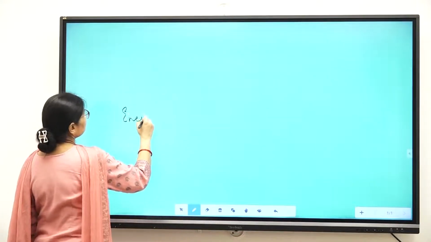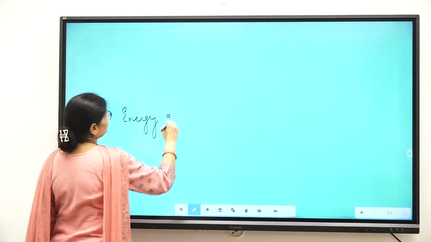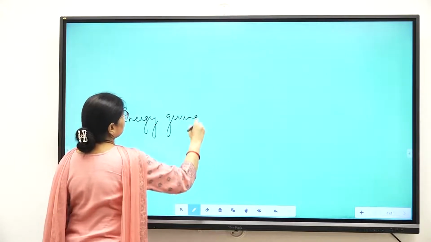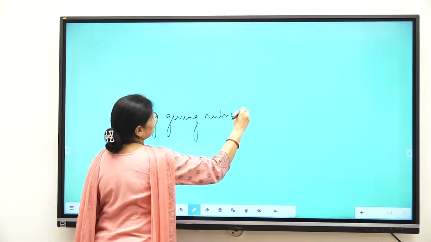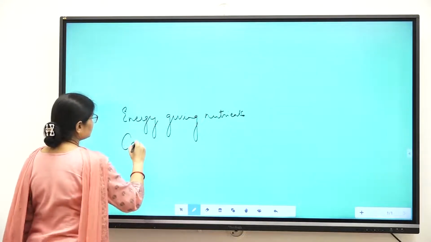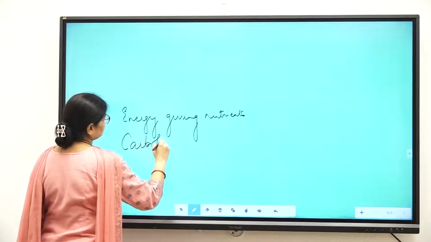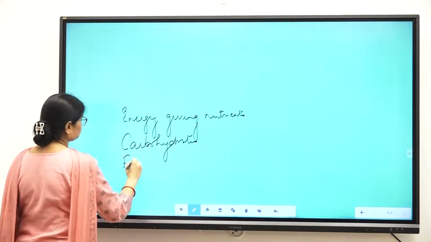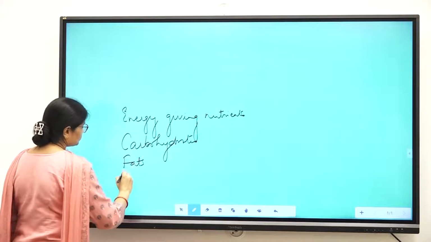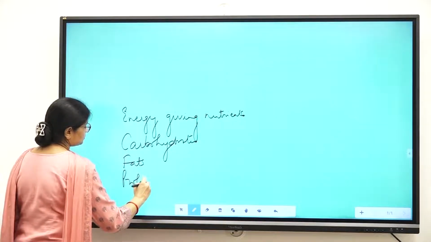Energy giving nutrients. What are they? Carbohydrates, fats and proteins.